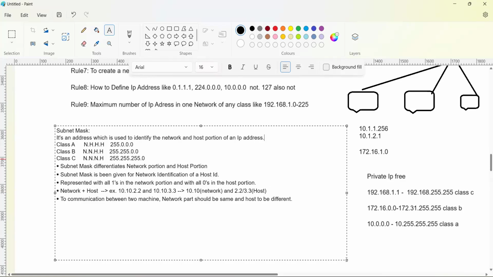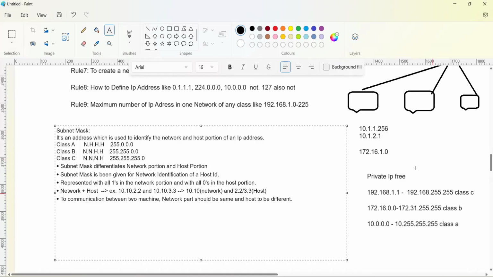And these are the class A, class B, class C subnet masks. A subnet mask differentiates the network portion and the host portion. It is given for the network identification of a host.